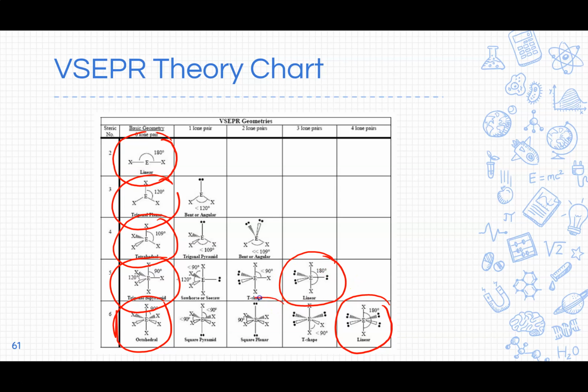And then this guy right here is square planar, and he ends up being non-polar as well. So I've just circled all the ones that are non-polar. All the ones not circled are the ones that are actually polar. So that might be helpful. Now, I figured that out by actually looking at these drawings and thinking about what would end up canceling out with each other, right? That's how I figured those out. But it might be helpful to see it like this.